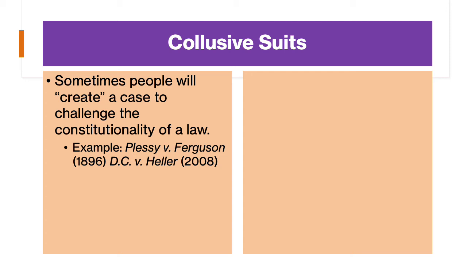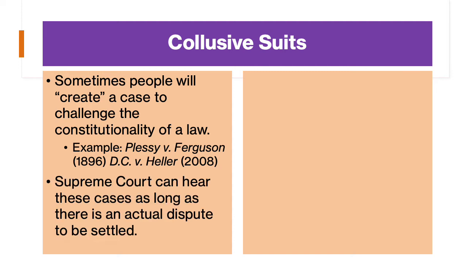In that case, a group of individuals called the Committee of Citizens tapped this individual, Homer Plessy, and encouraged him to violate those laws. And he agreed, and he was a light-skinned black man. That's actually kind of why he was tapped to challenge the Louisiana law, to show the absurdity of dividing people on the basis of the color of their skin.